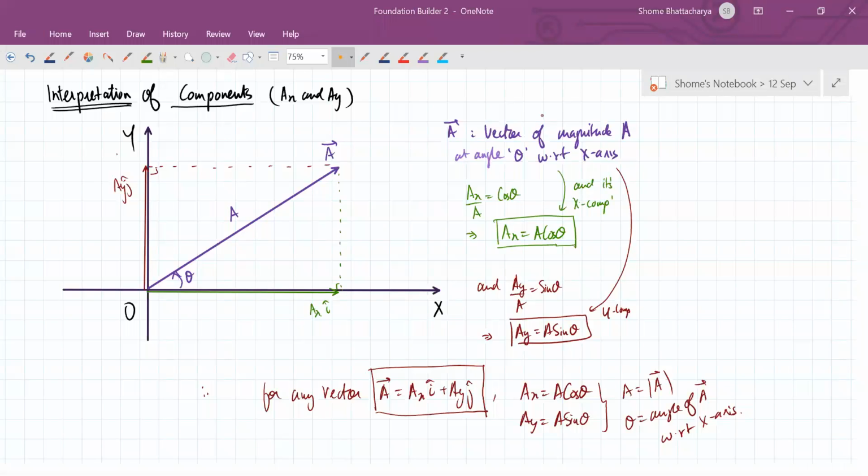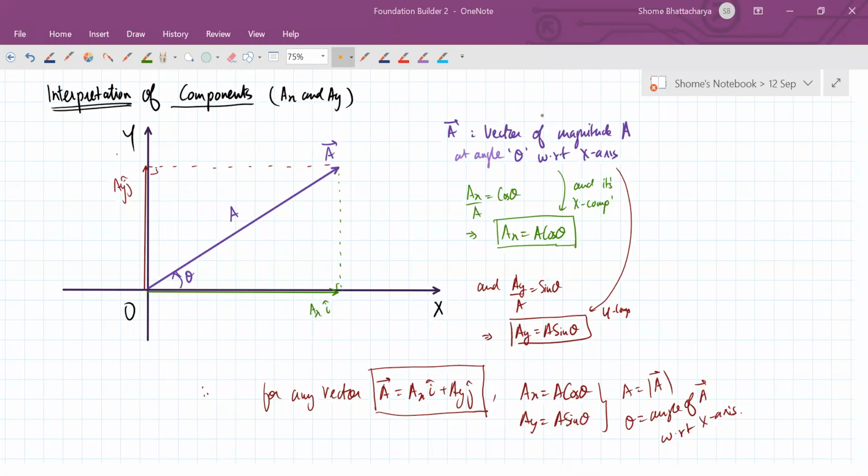I'm writing it as ax i cap plus ay j cap, but what exactly is ax and what exactly is ay? So now you know that if the magnitude of the vector is A and its angle from the x axis is theta, then ax is nothing but A cos theta. It is the base of this right angle triangle, and ay is nothing but A sin theta. It is the perpendicular of the same right angle triangle.